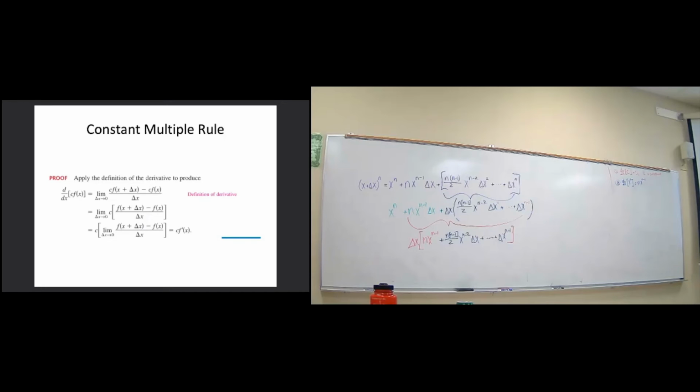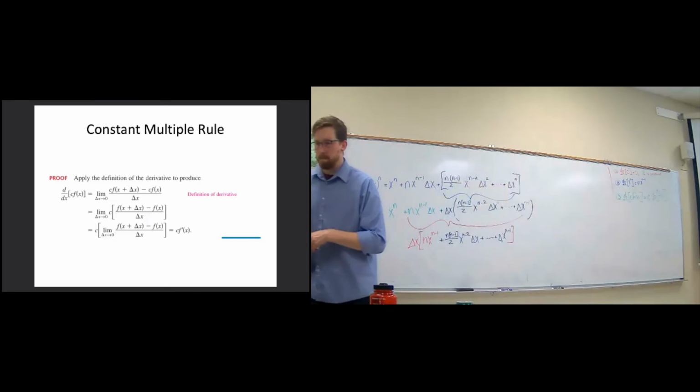Well, hey, this is just the derivative of our function. So the derivative of c times a function is equal to c times the derivative of that function. That's convenient.